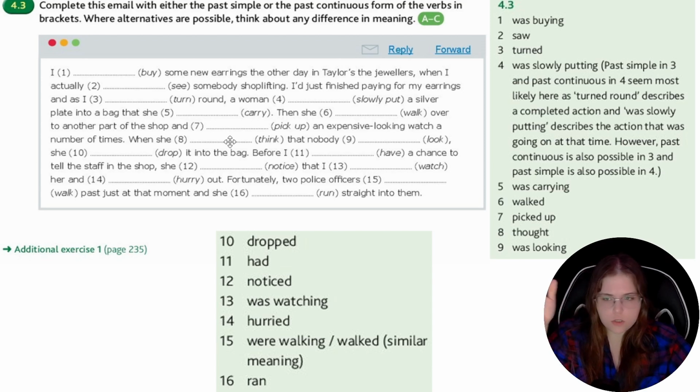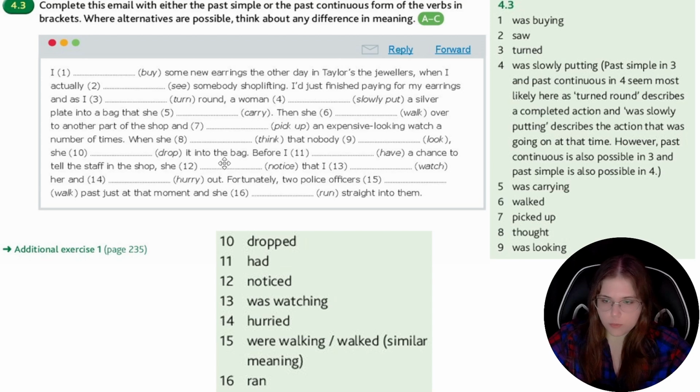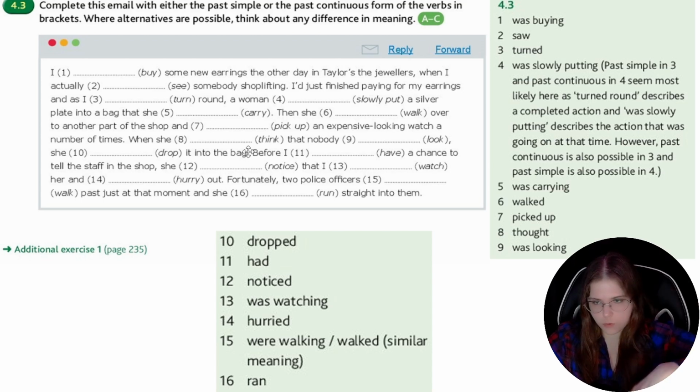But here she just thought that nobody was looking at her. This is a progress action, a long action. Nobody was looking at her at this particular point of time when she was shoplifting. She dropped it into her bag. Rapid action.